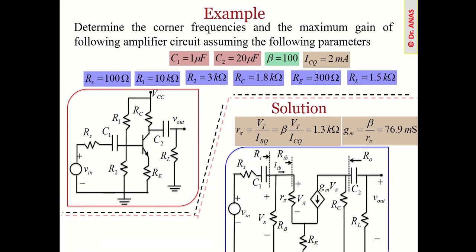Now if you want to look at the corner frequency for this other capacitor, again you have to draw the circuit. Let's try to draw it. Make the capacitor open circuit. Here we have RS. This voltage source will be short circuited. Then here we have RB.